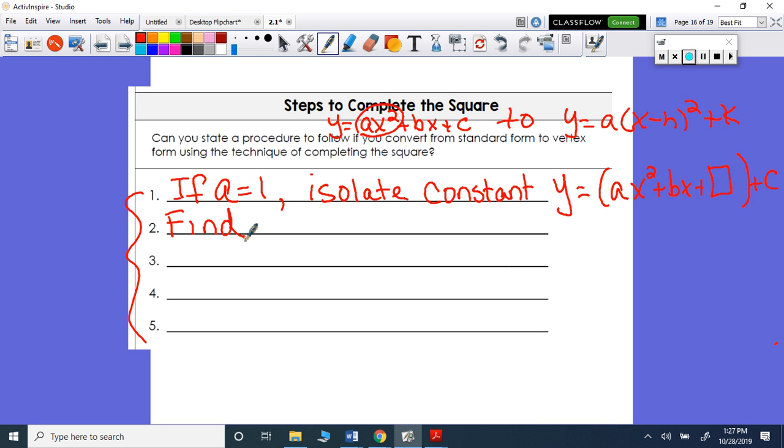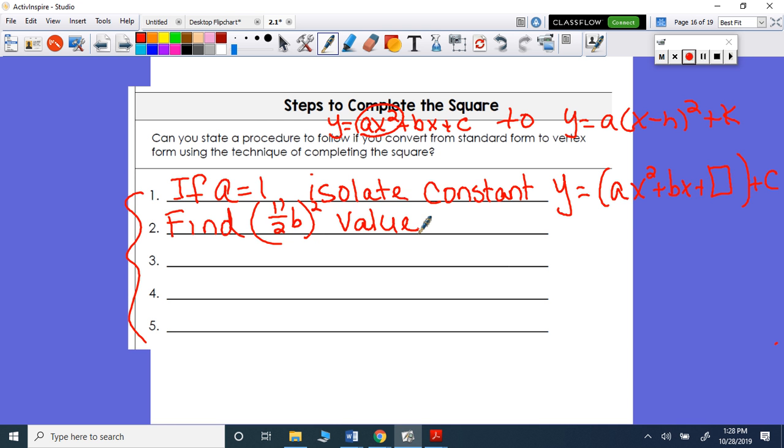Okay. The next thing you do, completing the square. Do you guys remember who you take half of? There's taking half of something. And I know we're dusting off the cobwebs. You're going to take half of that number right there. You're going to take half of the term that's b, and then you're going to square it. So much easier when we have numbers. So you're going to find half of b and then square it.